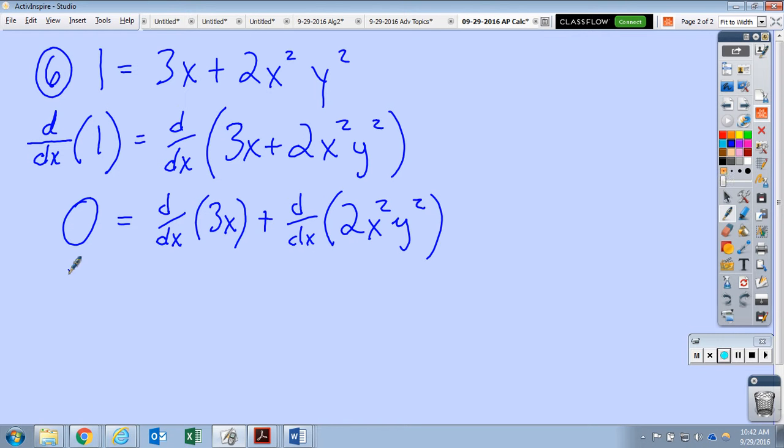Okay, so 0 is equal to the derivative of 3x with respect to x, which would just be 3. And then we have plus the derivative of this. So now we should view this as a product. Think about it like here's one factor of the product, and here's another factor.